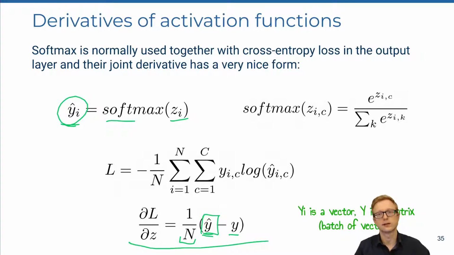So these are vectors of probability distributions with values between 0 and 1. The Y here is the matrix of true labels, and it only contains zeros or ones. So it's going to be mostly zeros, but it's going to have ones in the position that indicate the correct class for that particular data point.